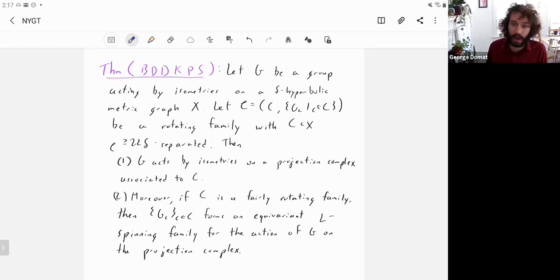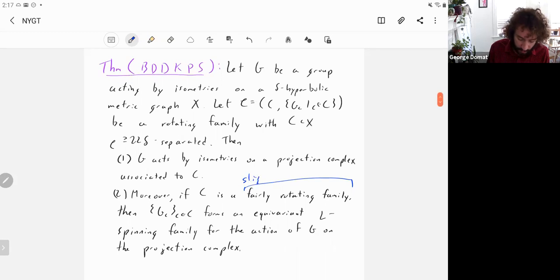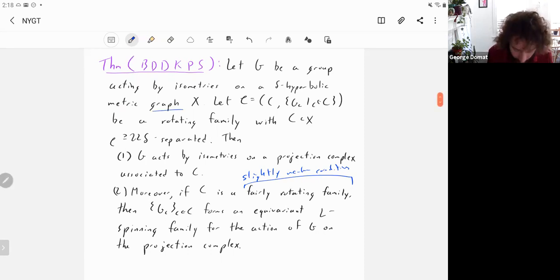And then if you have this fairly rotating condition, here we say fairly rotating. Before I said very rotating, this is just a slightly weaker condition. I'm not really going to worry about the difference, but it's strictly weaker than the DGO hypotheses. So if you have this fairly rotating, then you get an L-spinning family. And one thing I want to point out, here I wrote metric graph.